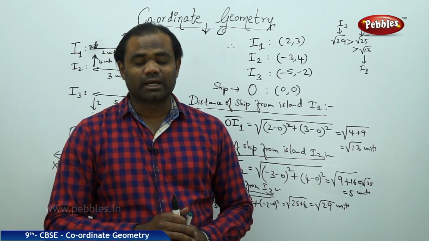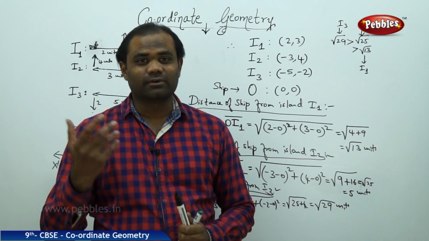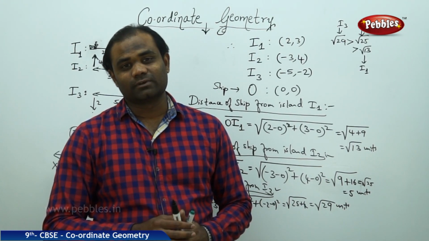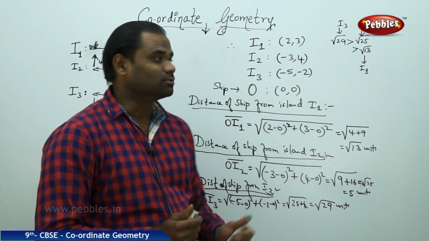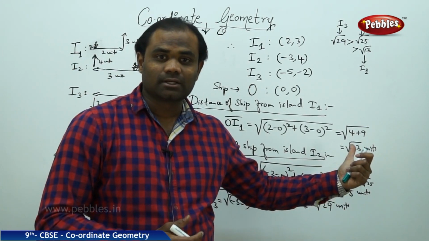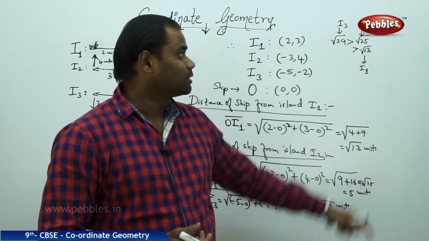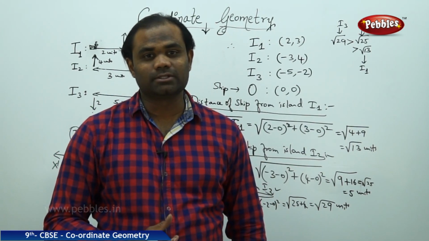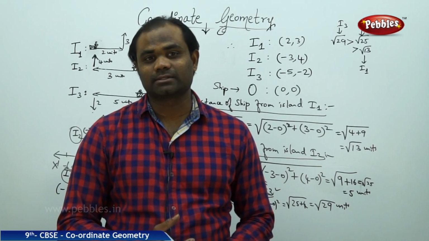Hence, the person has resolved the puzzle of the 3 islands by using the concept of coordinate geometry. In this case, I am in the ship, and I reach island 1 because it is the nearest of all the 3 islands.